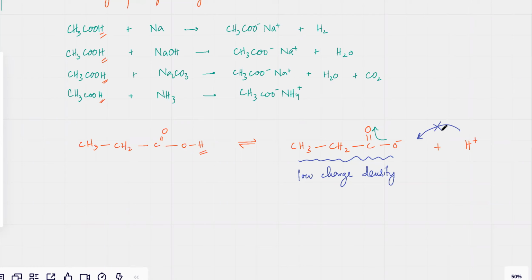But the electrons are not going to stay there. They will spread out because there's an oxygen at the other end pulling those electrons. Eventually the negative charge gets distributed between the two oxygen atoms. So there's not actually a double bond over here; it should have been C double bond O and O minus one.